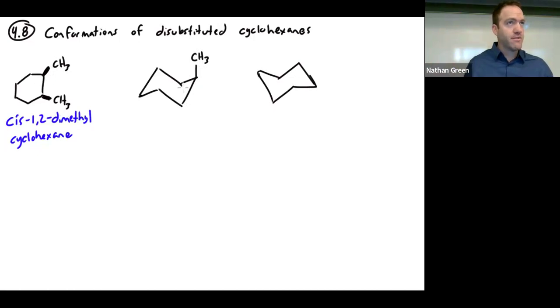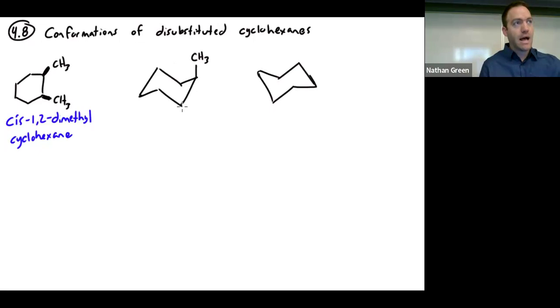When I have you draw chair forms, you can put the carbons wherever you want. What you cannot do is turn a 1,2-dimethylcyclohexane into a 1,4-dimethylcyclohexane, right? So you can't break that rule. But once I plant a methyl group here, I can either use this one or that one. I'm going to use this one because it's a little more open, easier to draw on. At this position, I need to draw another methyl group that's on a wedge.